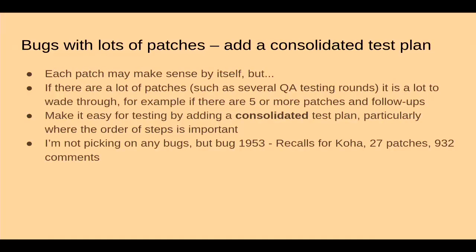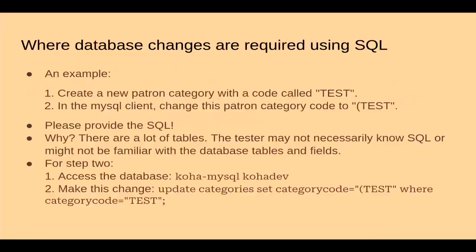I wasn't going to pick on any bug, but the recalls bug ended up having 27 patches and 932 comments, and we did sort of have a consolidated test plan, so you didn't have to figure out what 27 different things did. If there's only 2 or 3, it's normally pretty easy to work out, but when it's that big and there's a lot of changes, a nice consolidated test plan really makes it go quickly.